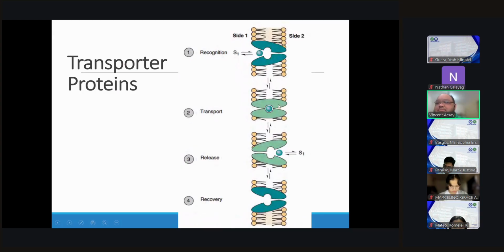Part 2 is transport, where it changes its conformation, allowing the target molecule through itself and then through the membrane. Step 3 is to release the target molecule into the other side of the membrane, and then upon releasing, it returns its conformational shape back to the original in recovery. So, it's like an enzyme.